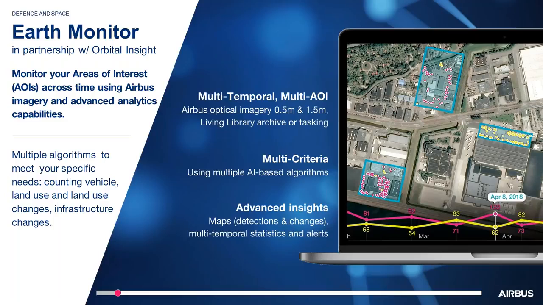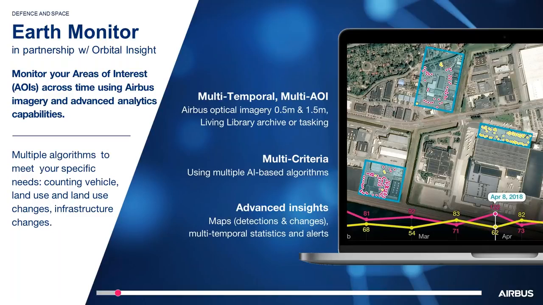For example, in April here, you can see 122 cars. And if you parameter an alert mechanism to be alerted beyond 100 cars, the Earth Monitor solution is able to alert you when the number of cars is beyond this figure.